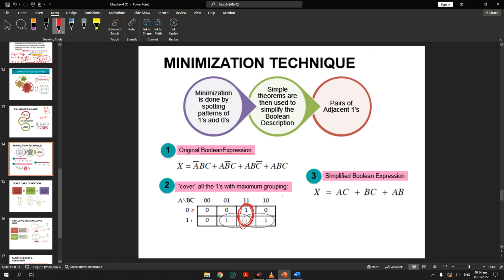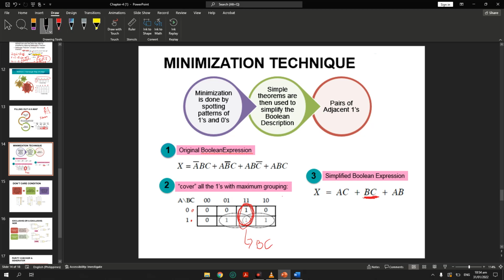Since they are in the same column, the B is 1, and the C here is also 1. B is 1, C is 1. So therefore, that is BC. So the simplified term here is BC.